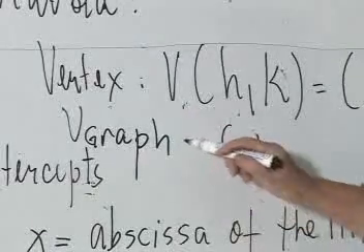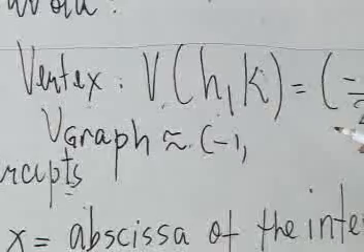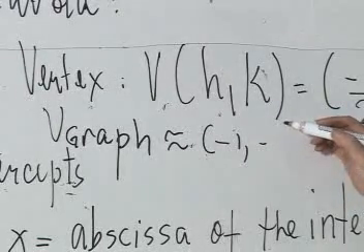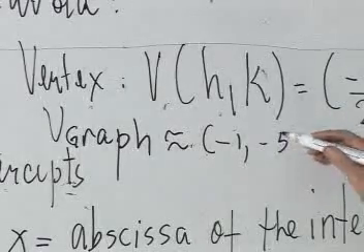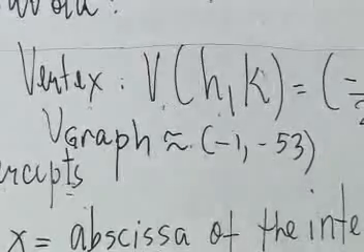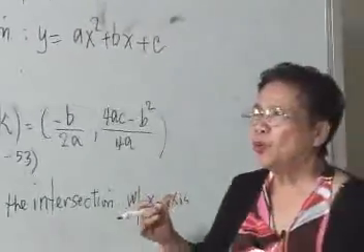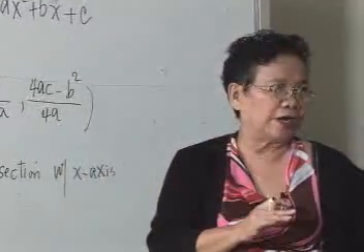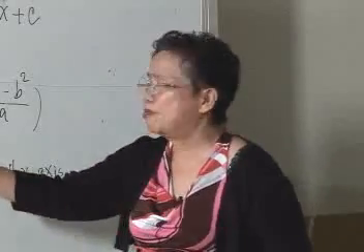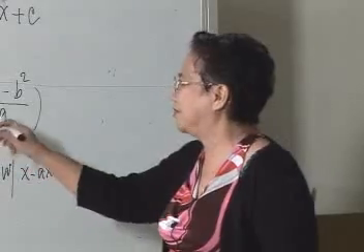So let us say approximately equal to negative 1. How about the ordinate? Negative 53. Okay, so this is just by graphing. The importance of graphing before you actually solve is that you will know where the values are, more or less. Because if you just solve without an approximate value, you have no counter check. We'll solve later.